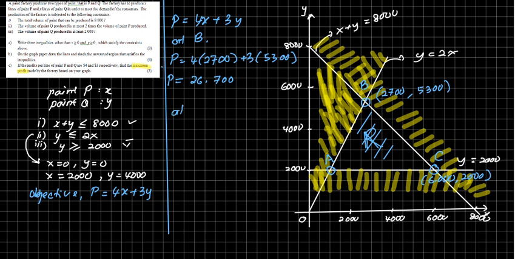At point C, you substitute the coordinates: 4 times 6,000 plus 3 times 2,000, so you get P equals 30,000.